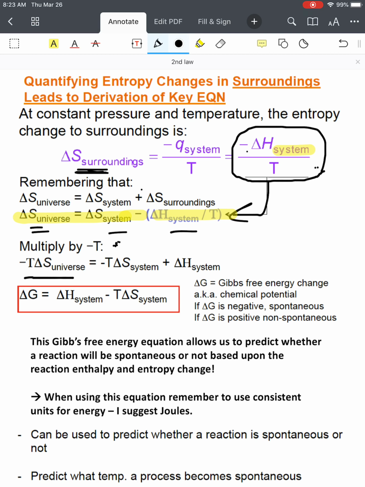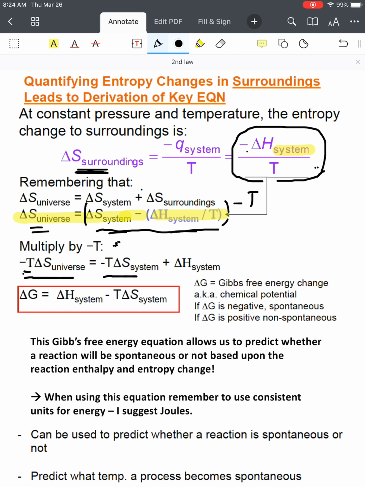Now on the right, I'm going to multiply this right side, the entire right side, by negative T. So it would be like drawing a parentheses around this, right? And then you got to distribute that negative T for both terms. So if you do that, you get negative T delta S system.